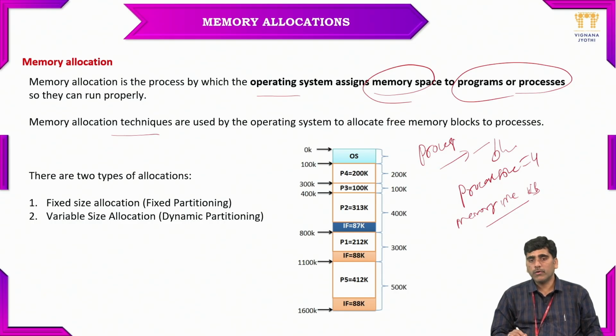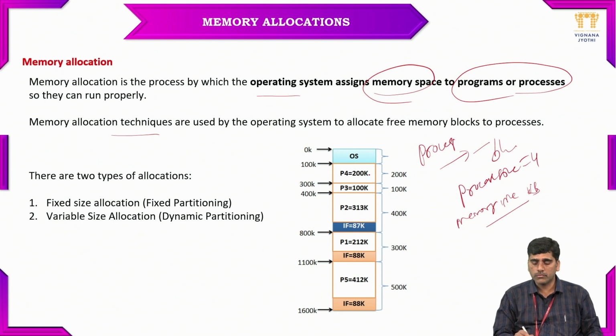When a process enters the memory to utilize the resources, it always checks that the block size is greater than or equal to the process size. If the block size is greater than the process size, only then does it allocate that particular block. If the process size is greater than the block size, then the process cannot be allocated to that block.